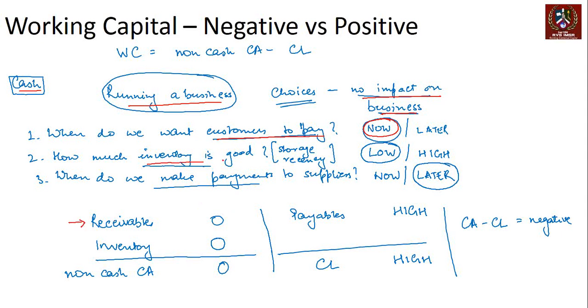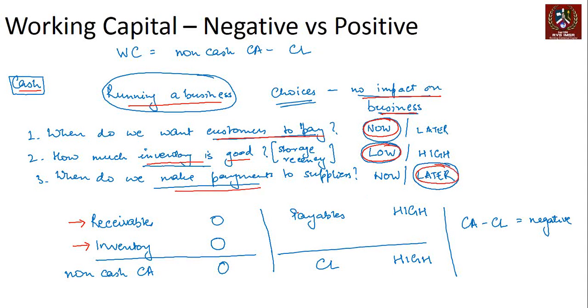How much inventory is good? There are issues with storage of inventory and recency effect of inventory. So we want low inventory, basically saying that if it is possible to have zero inventory, we would have zero inventory as well. When do we make payments to suppliers? The later we make the payment, the more the money is available with us.